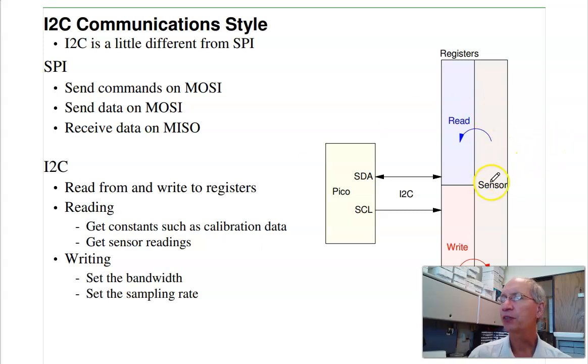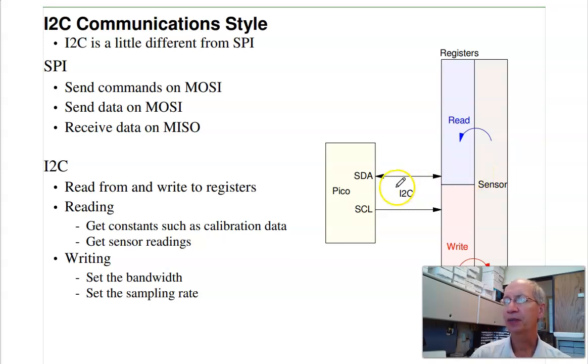So I've got a sensor over here. It's controlled by some registers that tell you the sampling rate, the bandwidth, stuff like that. When I collect data, it writes to a register. The Pico can read from the read registers. It can write to the write registers, and through these registers, it communicates with the sensor. So the style is a little bit different.